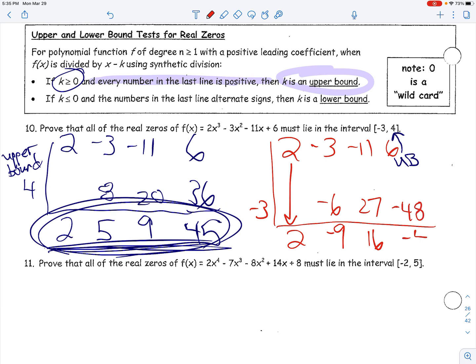And then if the numbers in the last line here alternate, they say that this -3 here is a lower bound. Meaning you're not going to have roots for this function to the left of -3.